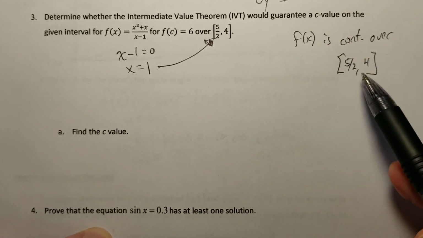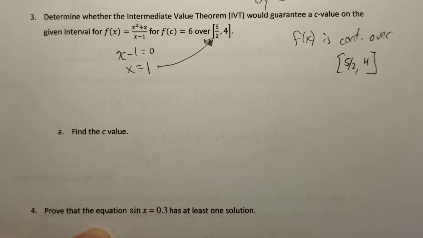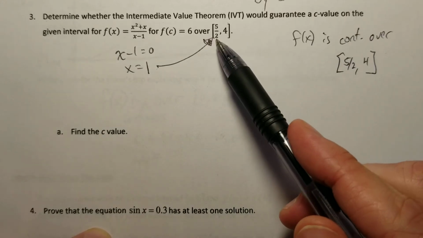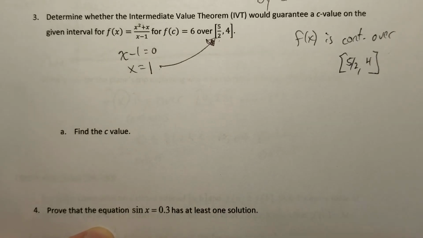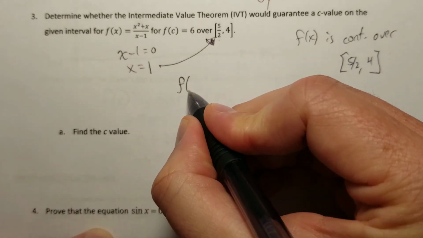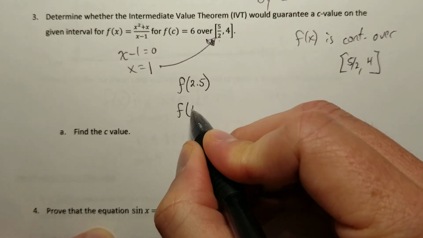That is the beginning part to show of IVT. Second part is to check the outputs. So I need outputs at 5/2 and at 4, the beginning and the ending part of our interval. So f of 2.5, and f of 4.